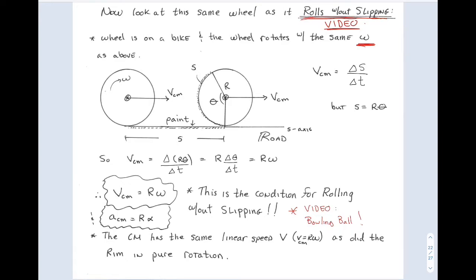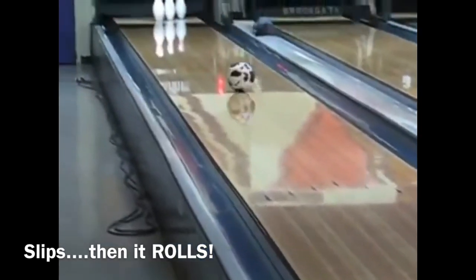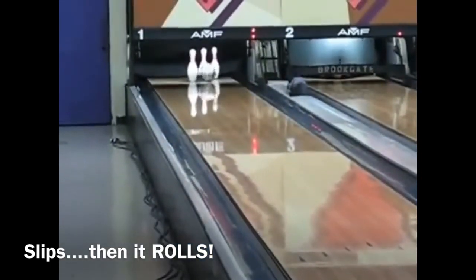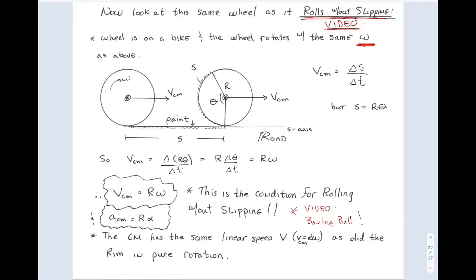It's slipping, and then it eventually grips, and then it starts to roll without slipping. So that's what it means to roll without slipping. I'm not going to keep saying the phrase without slipping; I'm just going to say something rolls. If something's rolling, it means it's not slipping.